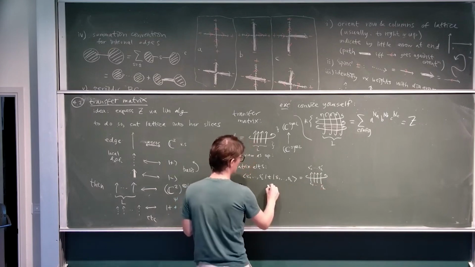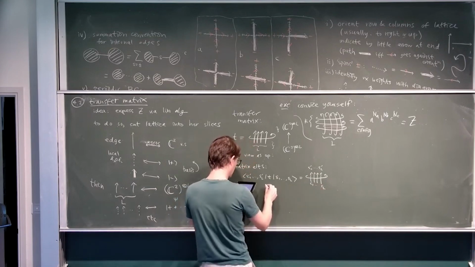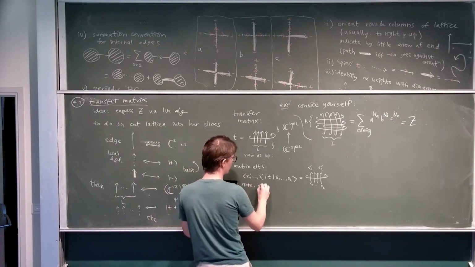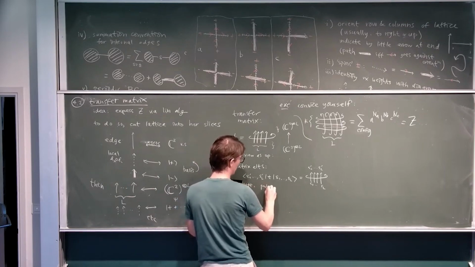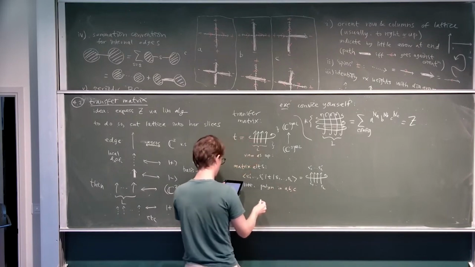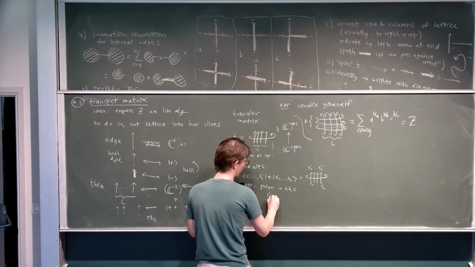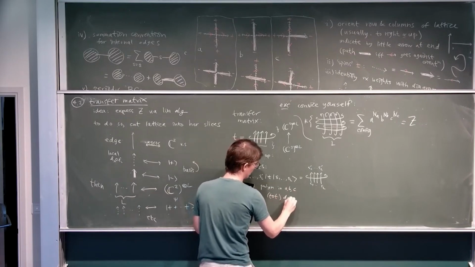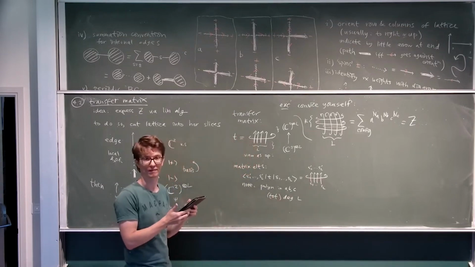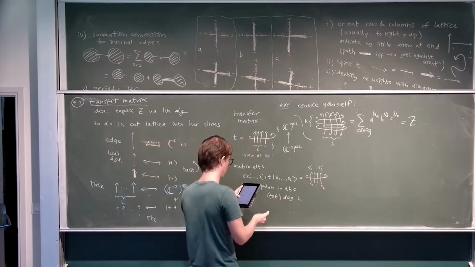So we can note the result is a polynomial in A, B, and C. And it has total degree L, because there are L vertices. So I can have L A's, B's, and C's all together.